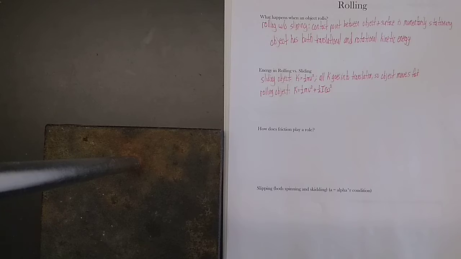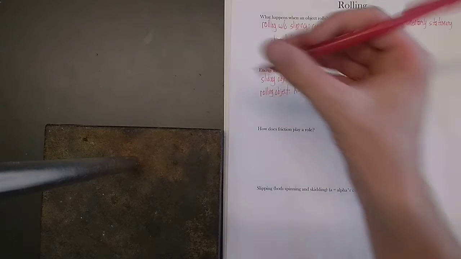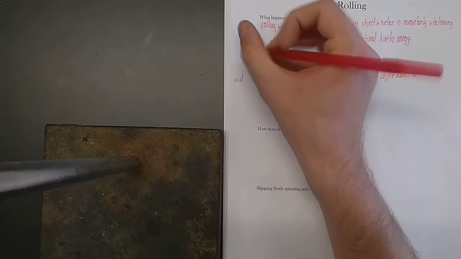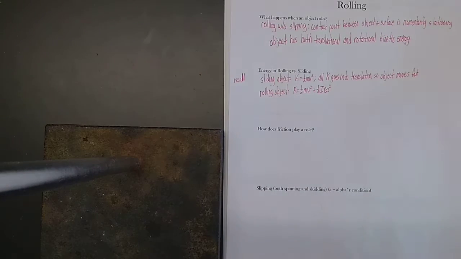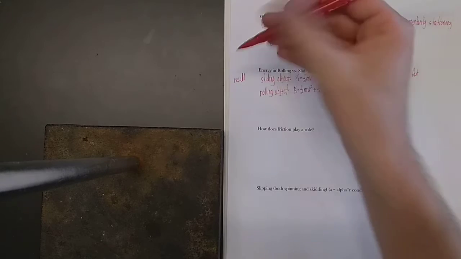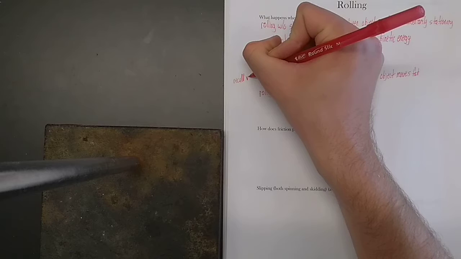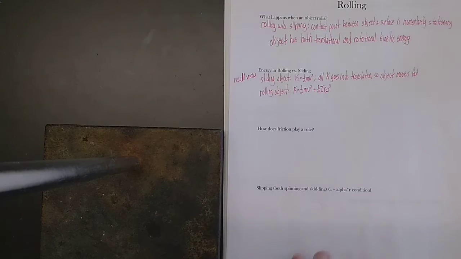I want you to recall that for objects that roll without slipping, the equation v equals R omega is true. It's only true for objects that roll without slipping. The linear speed is equal to the angular speed multiplied by the radius. That's not true if the object is skidding or slipping.